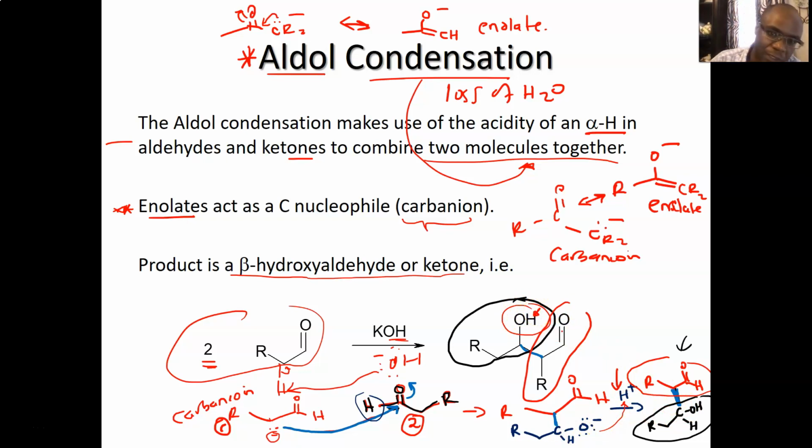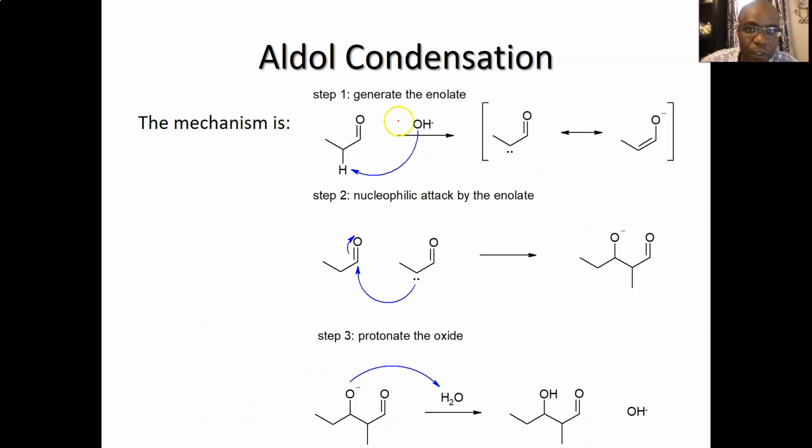So let's look at the mechanism in the notes. This came from your KOH. You use the base to take out the alpha hydrogen sitting on an alpha carbon, and then this bond is taken onto that carbon. You end up with the carbanion. The carbanion can do resonance, which gives you the C=C double bond and the O minus part, which should have been an OH, but the H is missing, so we say enolate.